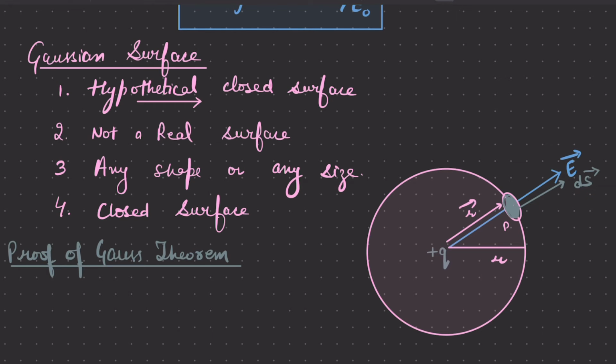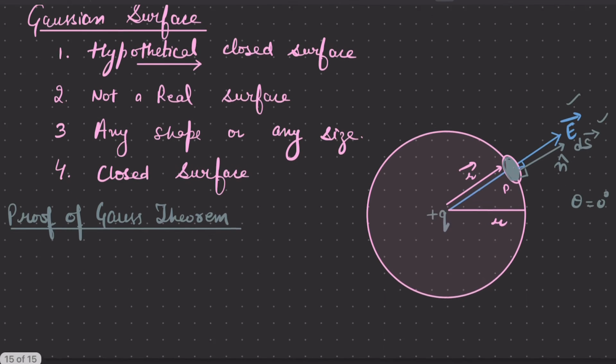So I will mark its direction as n cap. Now the electric field is leaving the surface perpendicularly, and the area vector is also acting normally to this surface area. So both these vectors, E vector and ds vector, are leaving the same surface perpendicularly. Therefore the angle between E vector and ds vector is 0 degrees. I will mark it as 0 degrees.